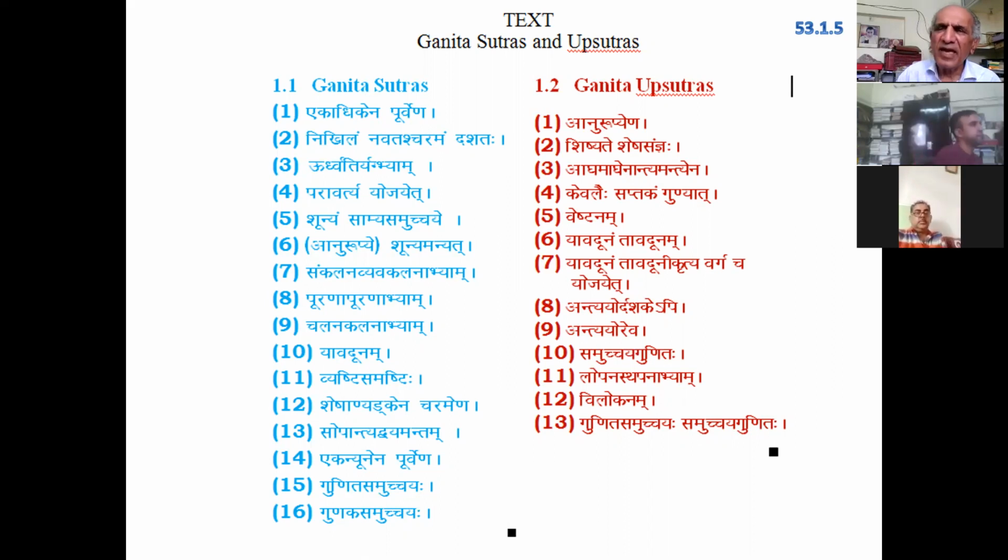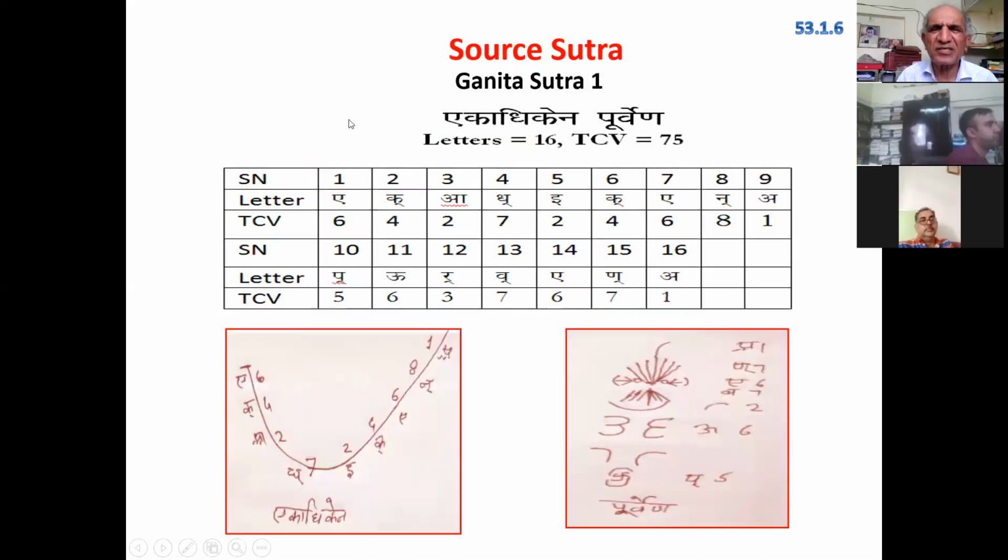Further, as is depicted as sheet 6, it is specifically pointed out that Ganita Sutra 1 is the source sutra, as the 16 letters text of this sutra is preserving the structural keys of all 16 Ganita Sutras.